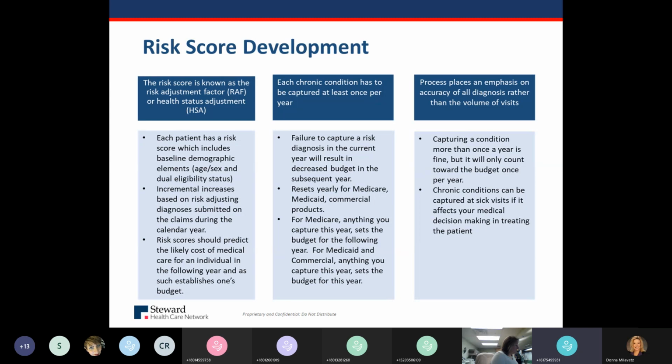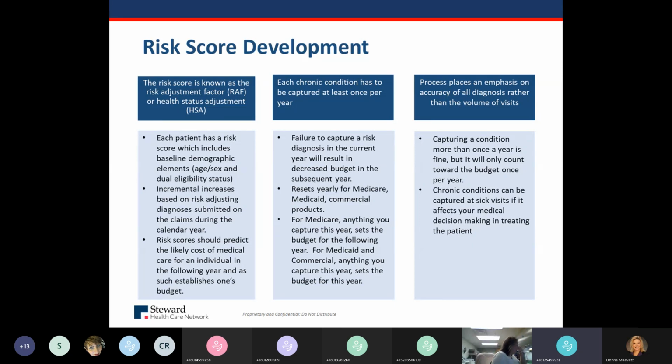So capturing a condition more than once a year is fine, and many times a provider will need to assess that condition more than once a year, but it only counts toward the budget once. And for chronic conditions, we tell providers that the annual wellness visit or the physical is a great time to assess all of their chronic conditions.